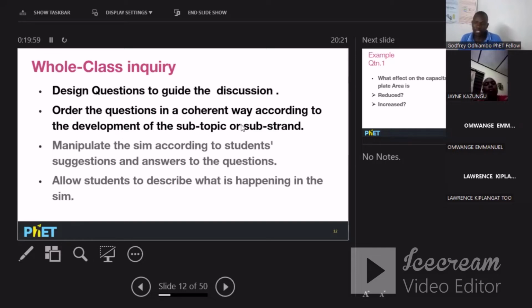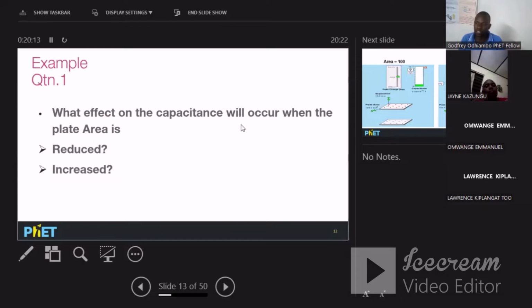An example that I've decided to give is in physics, because I'm a physics teacher, and this can be replicated to other science subjects and mathematics. There's a topic in physics called electrostatics, where we use a capacitor to teach physics.